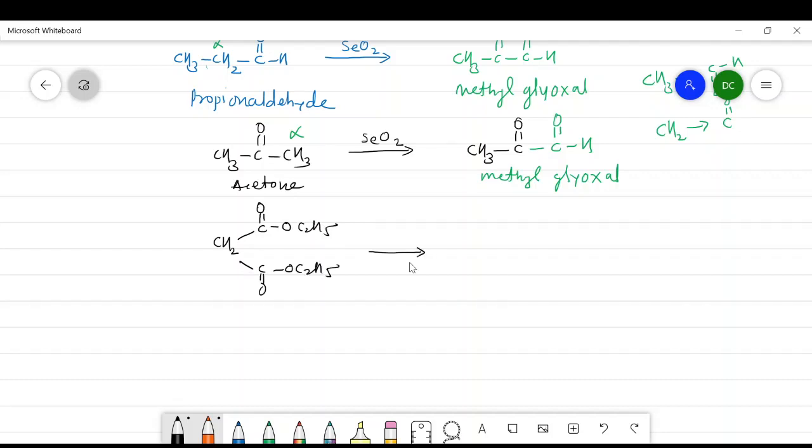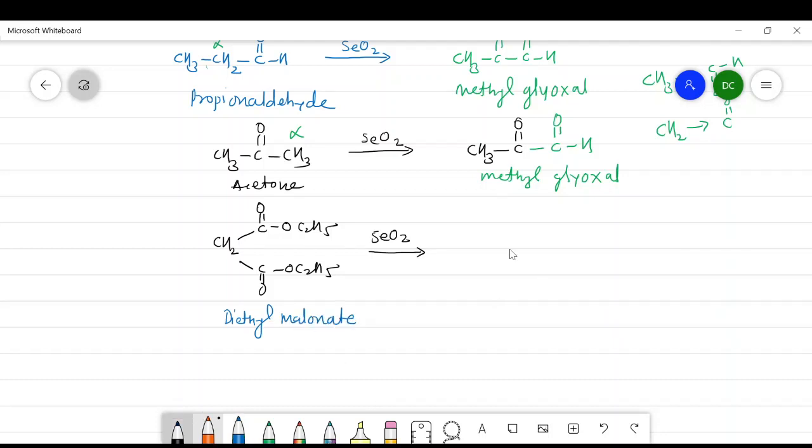In this compound, there is a CH2 group, and this group is sandwiched between two electron withdrawing groups. That's why it is called an active methylene group, and this compound is called an active methylene compound. We know that SeO2 causes the oxidation of CH2 into CO.